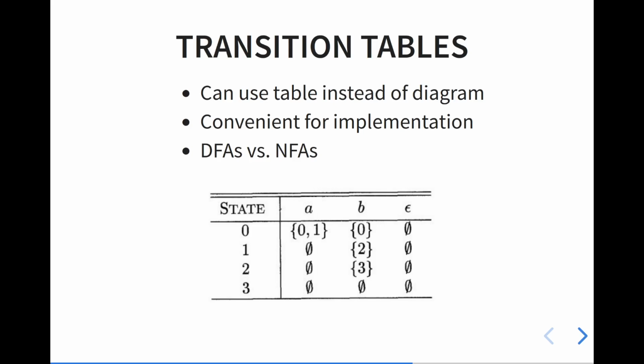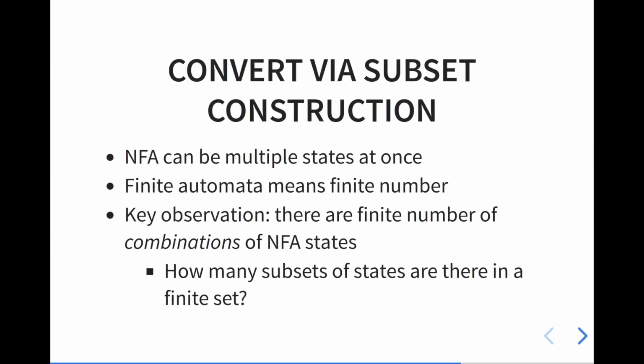If you're in an NFA, you need maybe an array of states that you're in, and you loop through that array and do all the table lookups every time you iterate. Not too hard to write, right? Just a state variable, look up in the table to get your next state, and read from the input all the way. It's easier to write than having to do while loops and if statements. You can just have a table lookup tell you what the next states are. That's one way to implement an NFA.